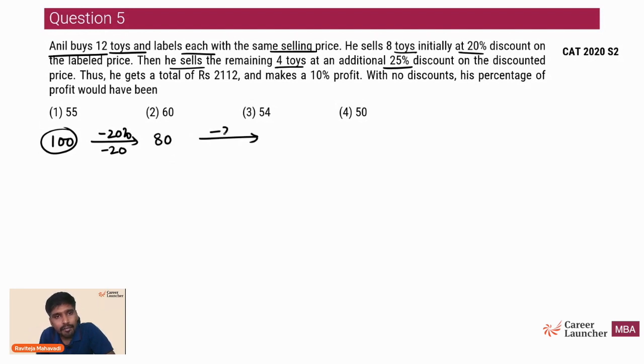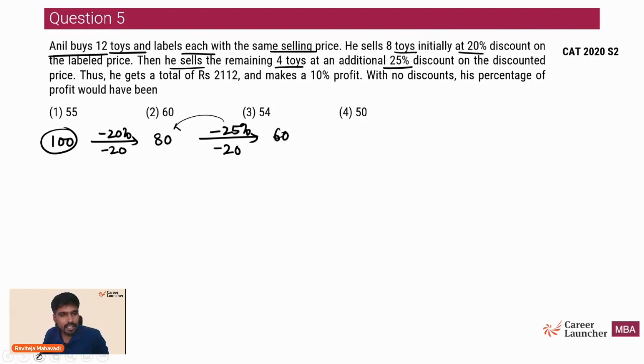Again, if he gives an additional 25% discount over this 80, he will reduce 20 rupees again, and the selling price for the remaining items will be 60.